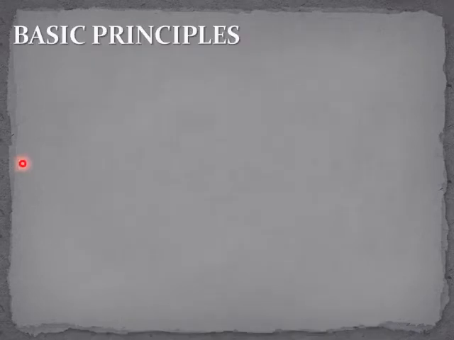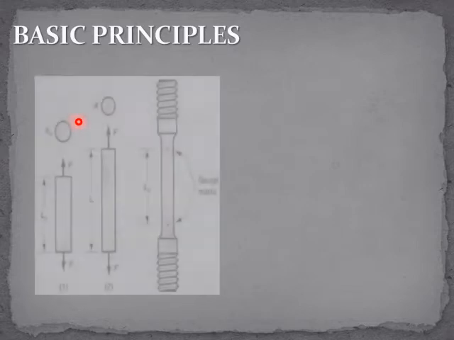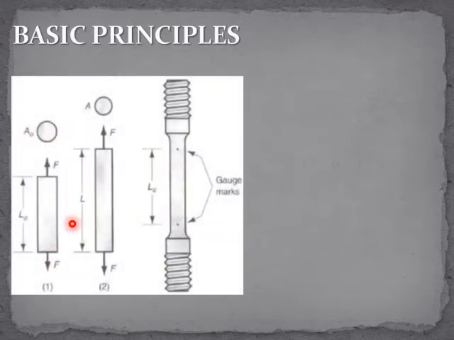What is the basic principle behind the ultimate testing machine? Let us consider a rectangular specimen of original length L0 and circular or rectangular area of cross-section A0. The original length L0 is marked and positioned, and it is called the gauge mark or gauge length.